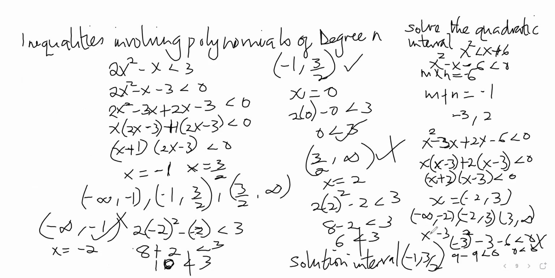We picked -3. For me, I picked -1. -1 is not here. Okay, I've seen where I went wrong. Thank you. -1 is greater than -2. But if we picked -3, let's see whether -3 still gives us a similar answer.